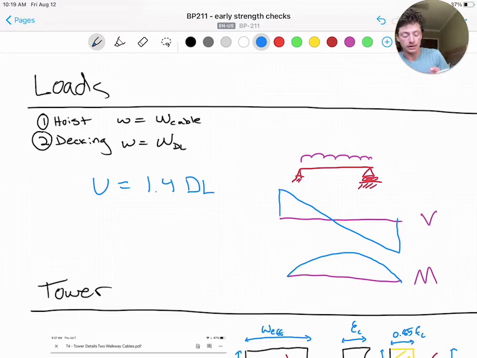So under hoisting, we're just going to have our distributed load in that pH term be the self-weight of the cable, and in the decking, or just post-decking, we're going to have that distributed load as the full dead load.